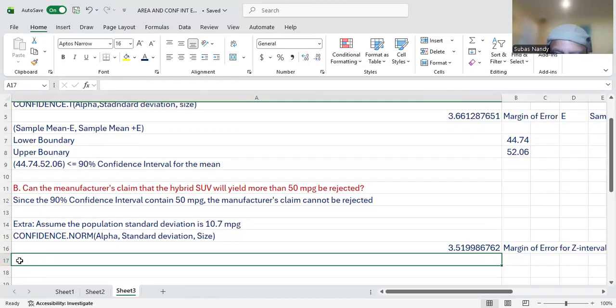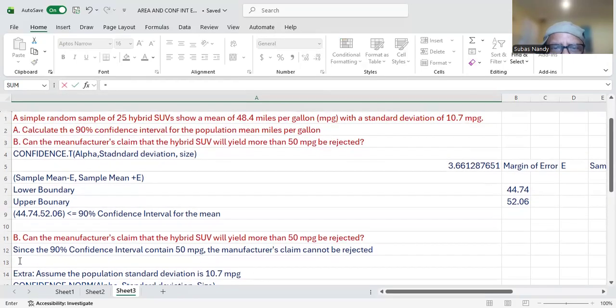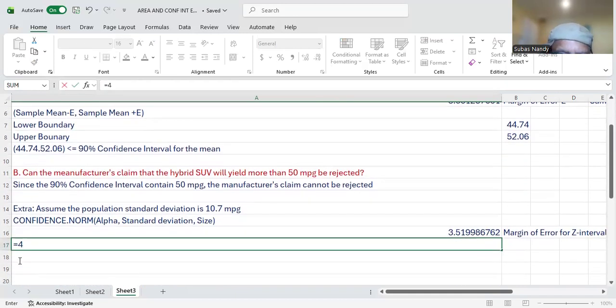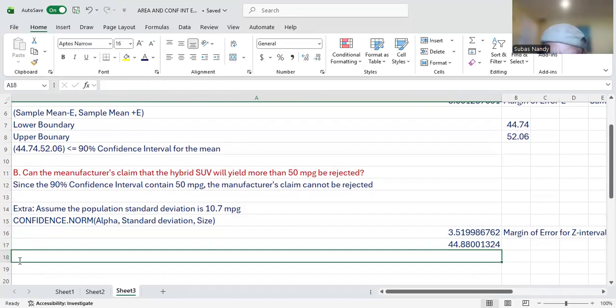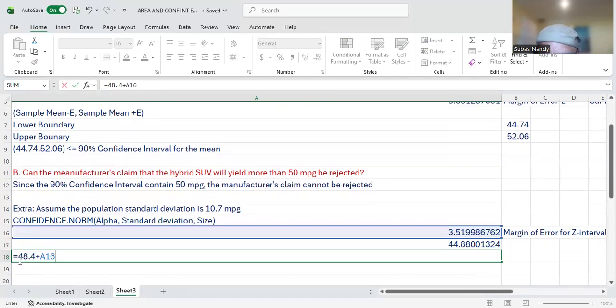So the lower boundary is equal to the sample mean, 48.4, I believe, let me make sure, yes, 48.4 minus what is in cell A16. A16 is the lower boundary, and the upper boundary is 48.4 plus A16, sorry, the upper one.